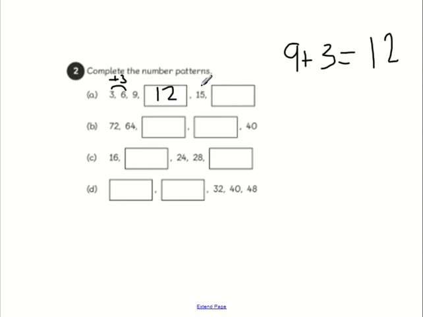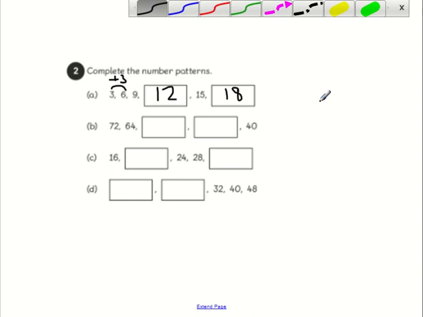Okay, add on 3, 15, add on another 3 to 15. 15 add on 3 equals 16, 17, 18. Fantastic. Okay, I'm just going to write that in this box over here. Brilliant. So I used my knowledge of adding to help me there.